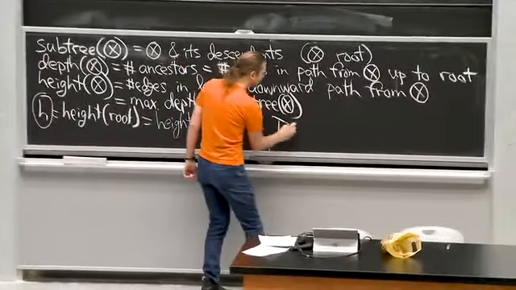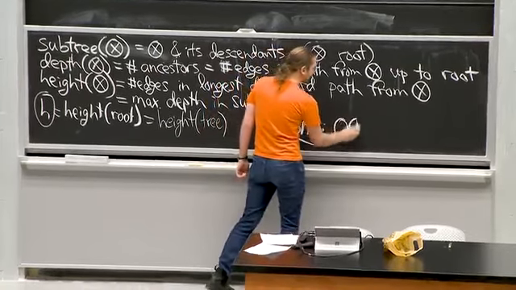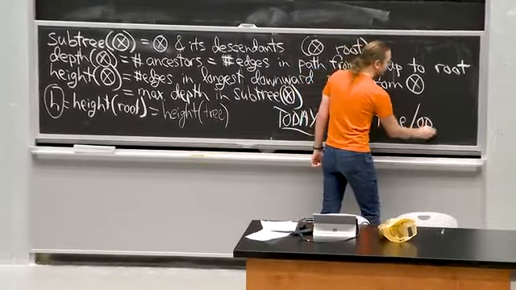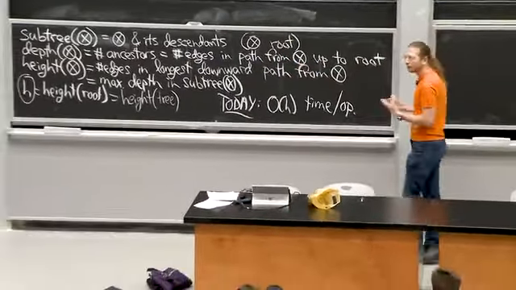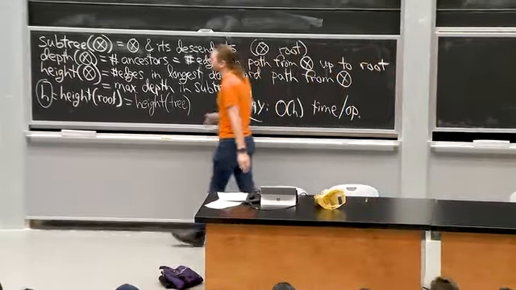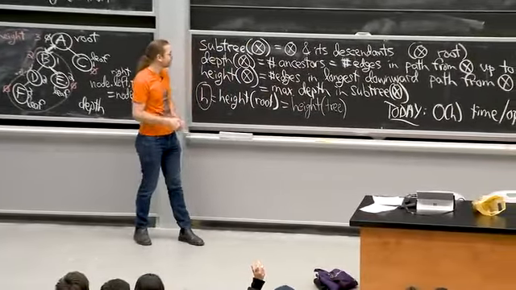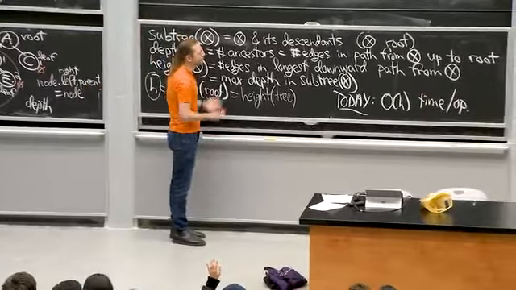So today our goal is to get all the operations we care about in order h time. And then next lecture, we're going to guarantee that h is always log n, and then we'll get log n time. So we need to do a bunch of work to achieve log n. Today we'll do the work that's all the tree manipulation. And as long as your tree is nice and shallow, it doesn't have high height. If it has logarithmic height, everything will be log n.